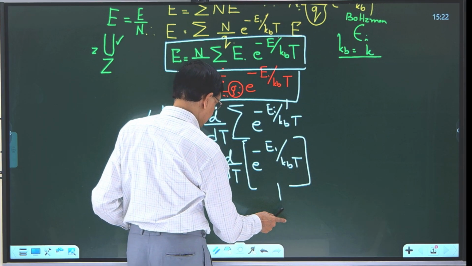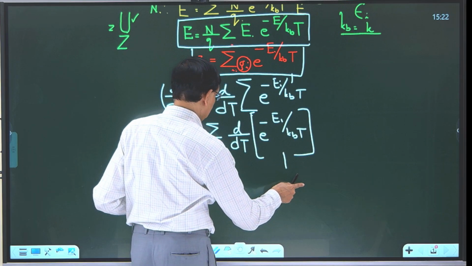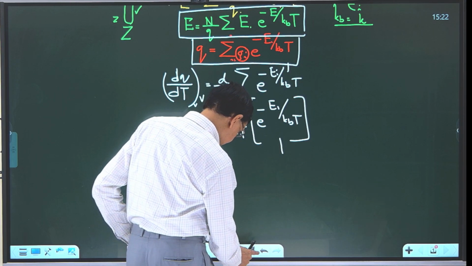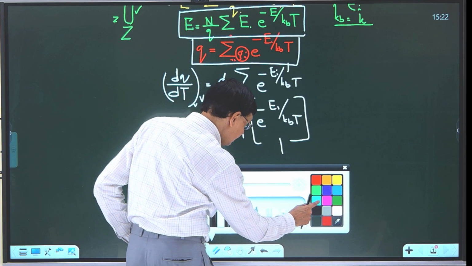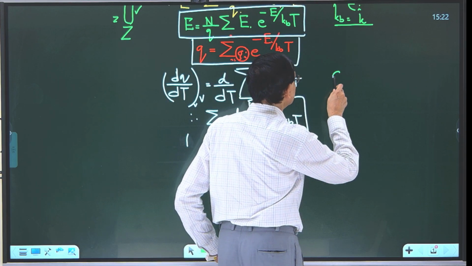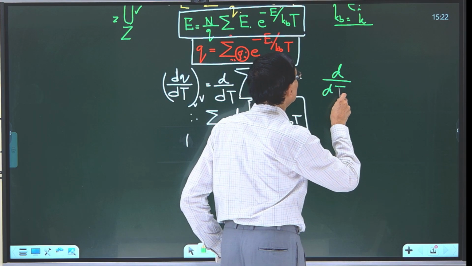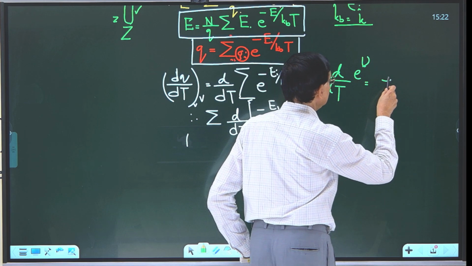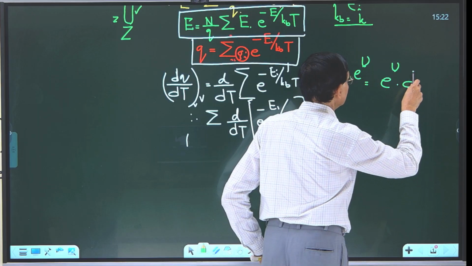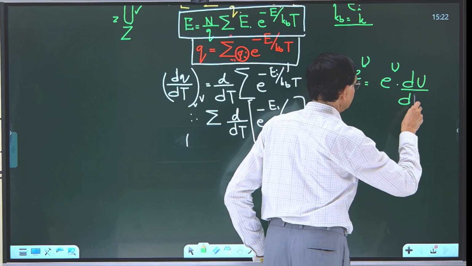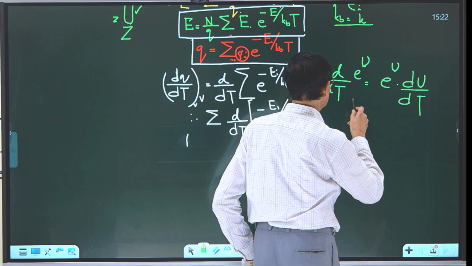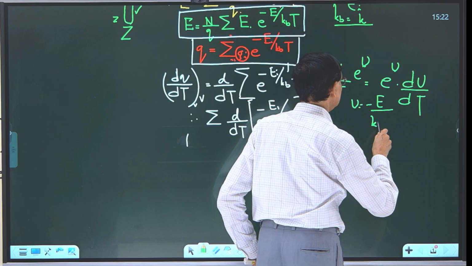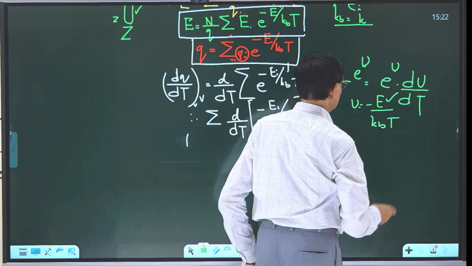Just the n rule for exponential u, so e to the u, du dt. Here u is equal to minus E by kBT.